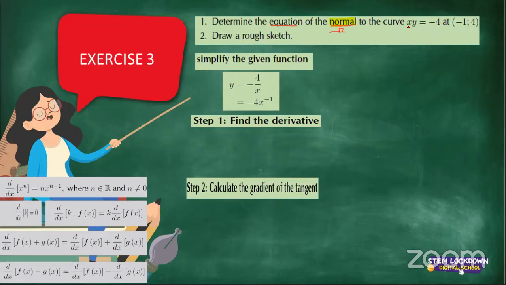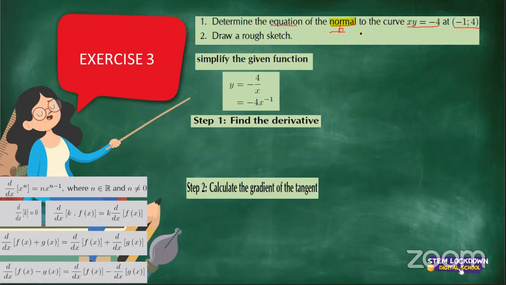Okay, so you're given your curve in this form, and you are given a point. Already you can see that if I find the derivative of my function, I can determine the gradient of my tangent and then relate that to the normal by saying the product of their gradients is equal to -1.